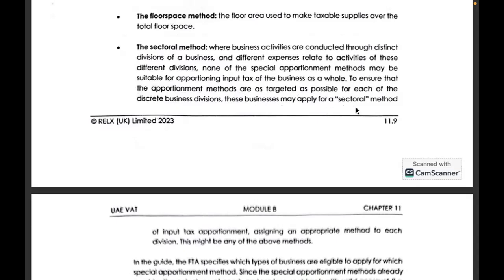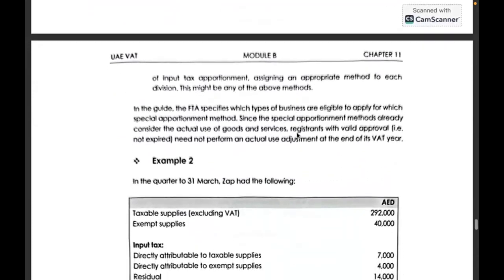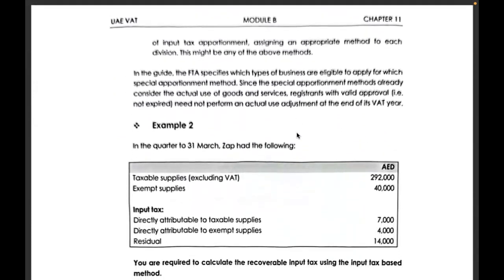These businesses may apply for a sectoral method of input tax apportionment, assigning an appropriate method to each division. This might be any of the above methods. In the guide, FTA specifies which types of businesses are eligible to apply for which special apportionment methods. Since the special apportionment methods already consider the actual use of the goods and services, registrants with valid approvals, that is, which are not expired, need not perform an actual use adjustment at the end of their VAT year.